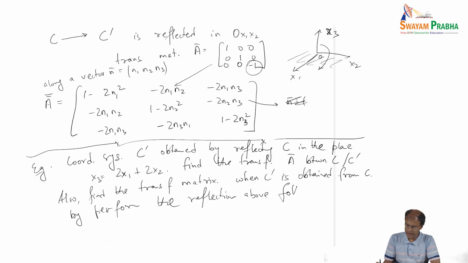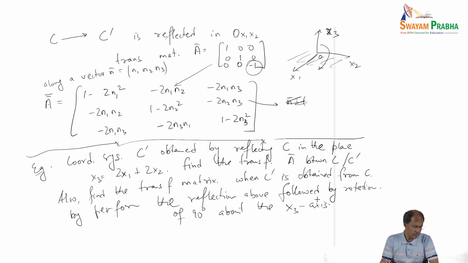followed by a rotation of 90 degrees about the x3 axis. So we see that we have first a reflection about this plane.